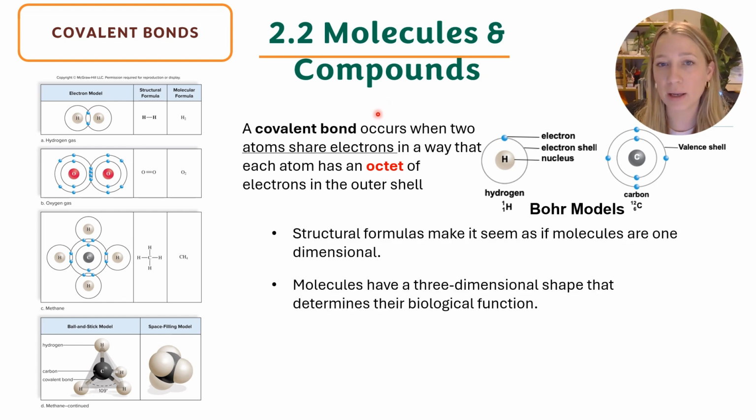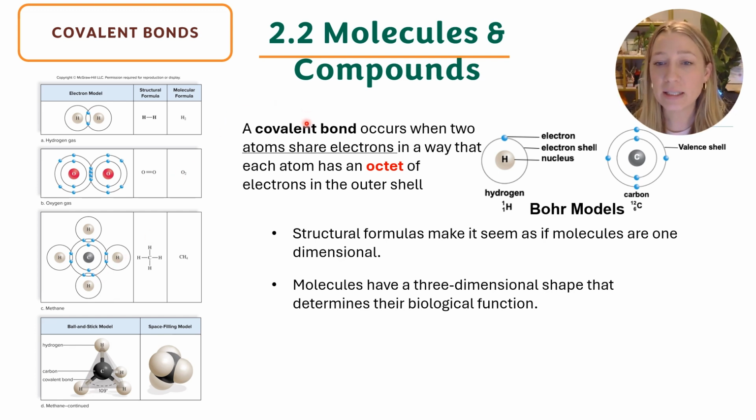So covalent bonds are often represented using structural formulas like HOH for H2O or water. And a lot of the way that these molecules and compounds are depicted is in a linear shape or a flat shape. So if we have H2 or O2 or CH4 here, methane, many of the ways that we depict these show them as looking like they are flat.